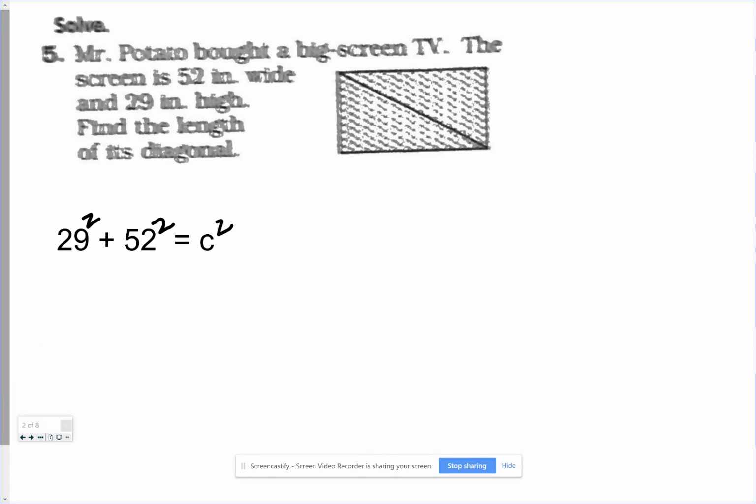All right, big screen TV. Haha, Mr. Potato. Get it? Couch potato. The screen is 52 inches wide and 29 inches high. This is a huge one. It's a good thing we have a calculator here because this is going to be some big computation.